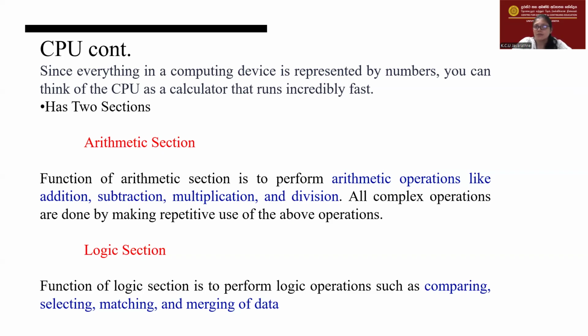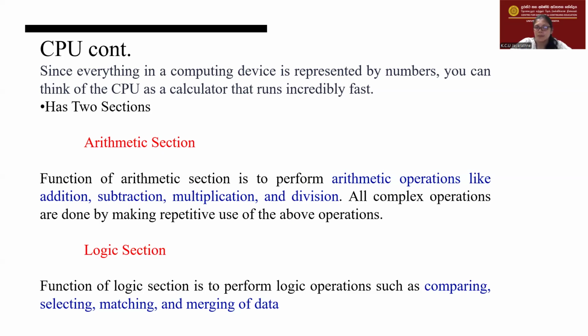As well as if the computer wants to get the class or the position of the student, that is the logic section. How? After calculating the GPA, it gives a number. That's the decision we take based on that number, and it's done by the logic section.